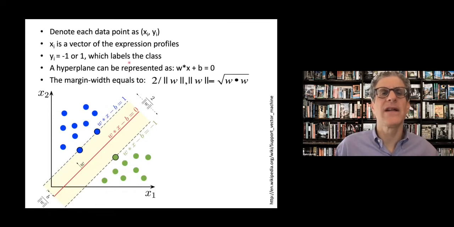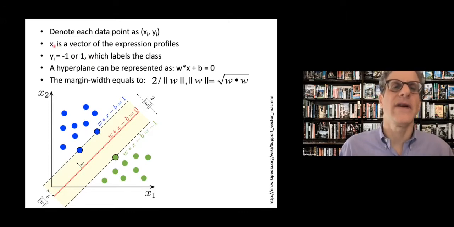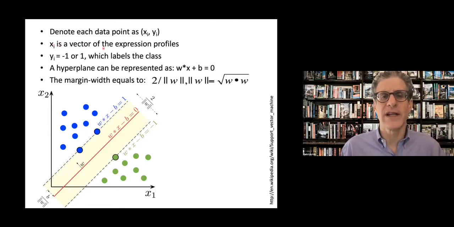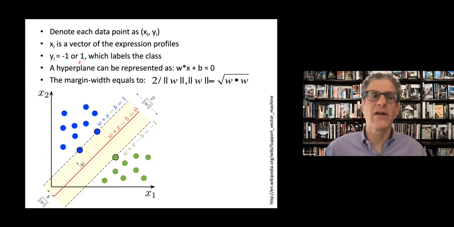And mathematically, the way we do this is we think of each of these points as having an XY value. X is the vector of expression profiles, and Y is a label that labels the thing as say ALL or AML and so forth.